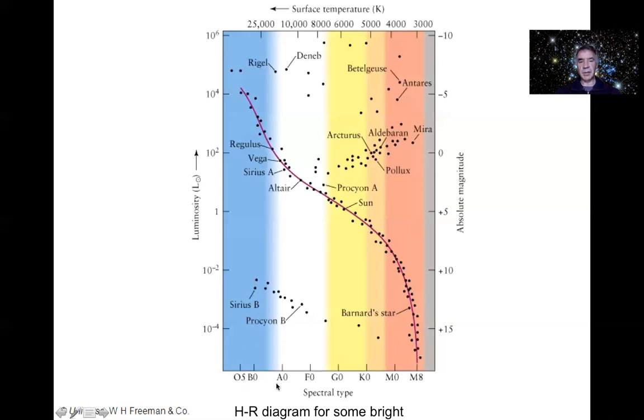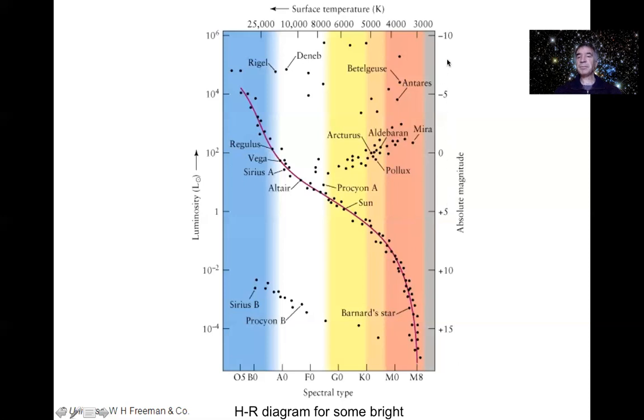But as I say, historically it started more as a plot on these other axes here. You've got your spectral classes down the bottom, O, B, A, F, G, K, M, with some of the numerical subdivisions as well. And you've got absolute magnitude up and down on the right-hand axis. Again, remember that the magnitude scale is also a bit counterintuitive.